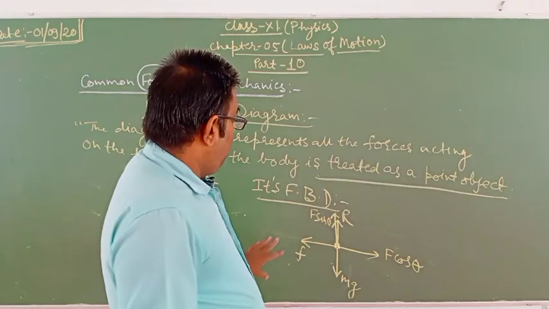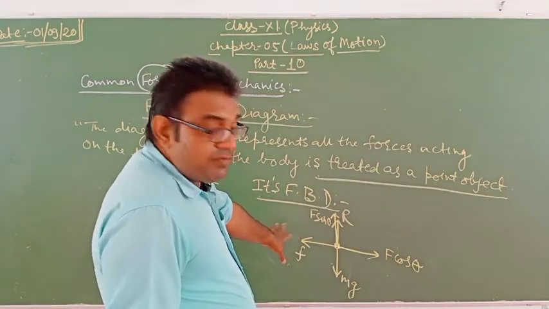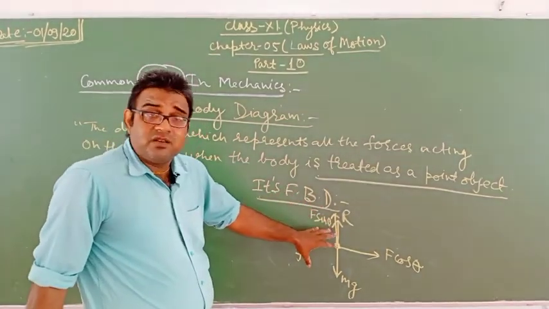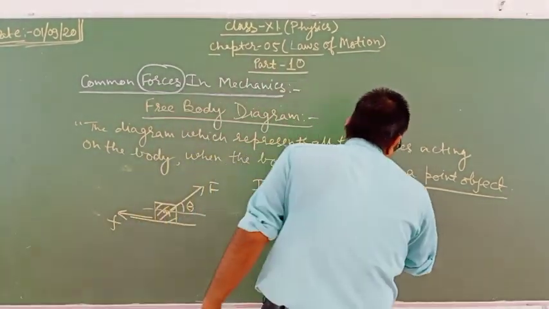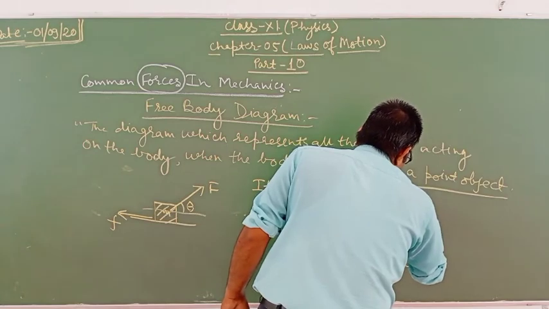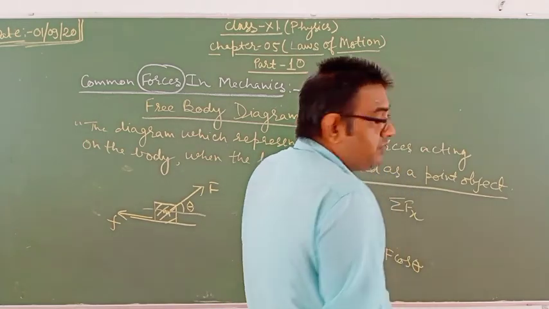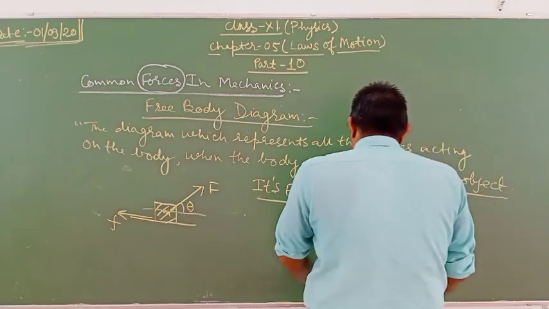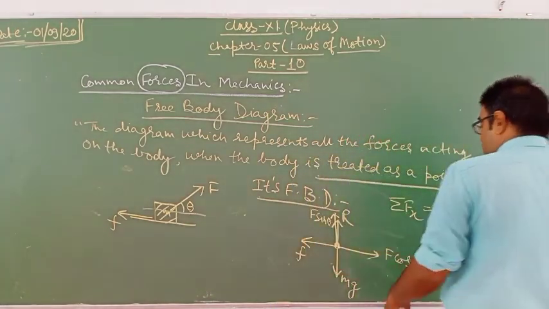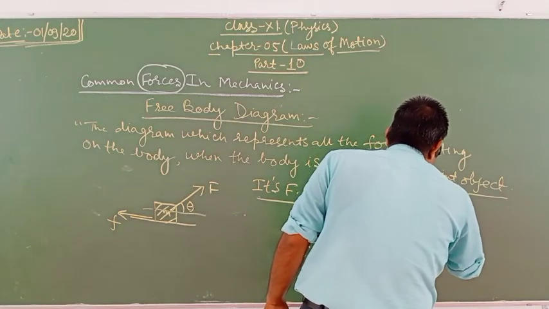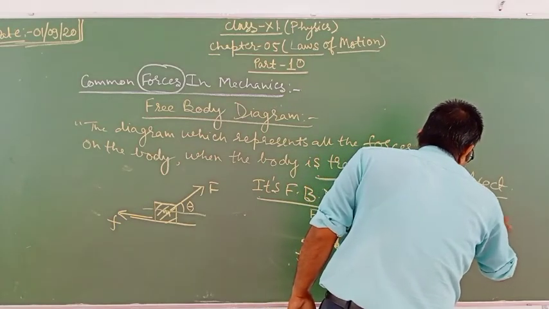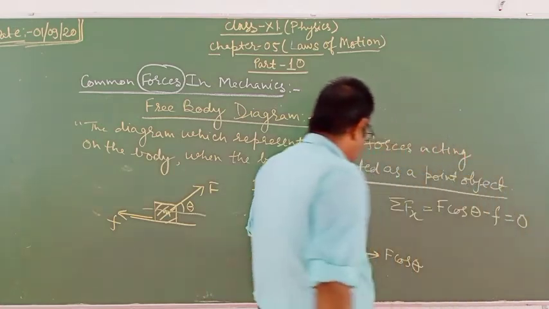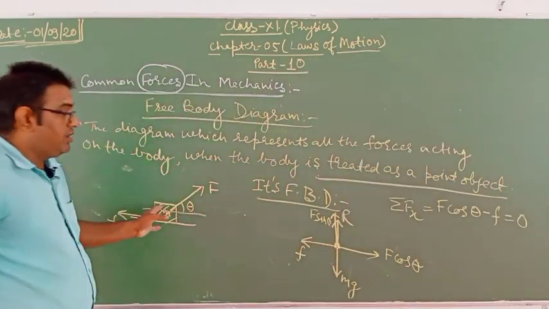Now, according to the question, if the body is in equilibrium under the action of these forces, then we can make an equation: summation of Fx, all the forces in the x direction, is F cos theta minus the frictional force f, and it is equal to 0, because there is no motion in the horizontal direction.